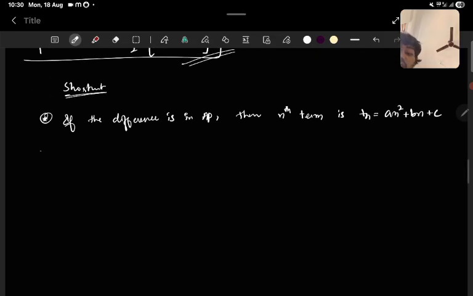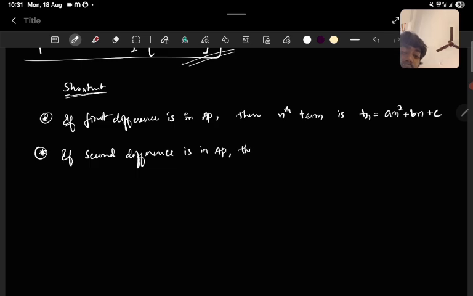Understood? So similarly, if the second difference is in AP, then the nth term will be cubic.